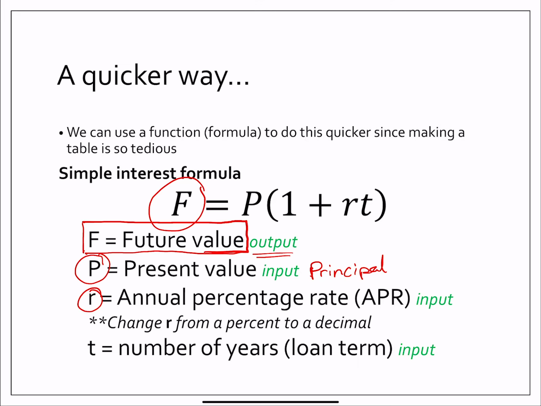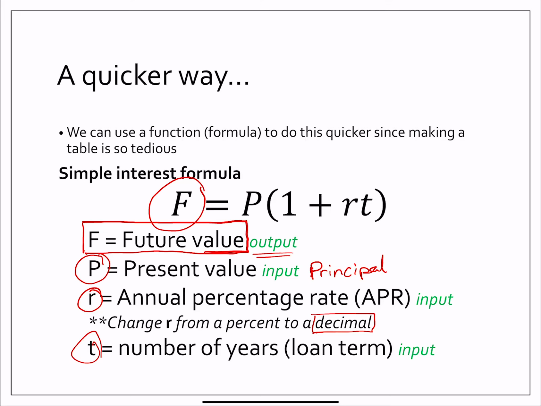Another important note: when you get your interest rate, it's going to be as a percent, but we need to put our interest rate as a decimal. We can't leave it as a percent, so in order to work with it, we need to work with it as a decimal. Very important note. And then we have T, which is the number of years or the loan term.